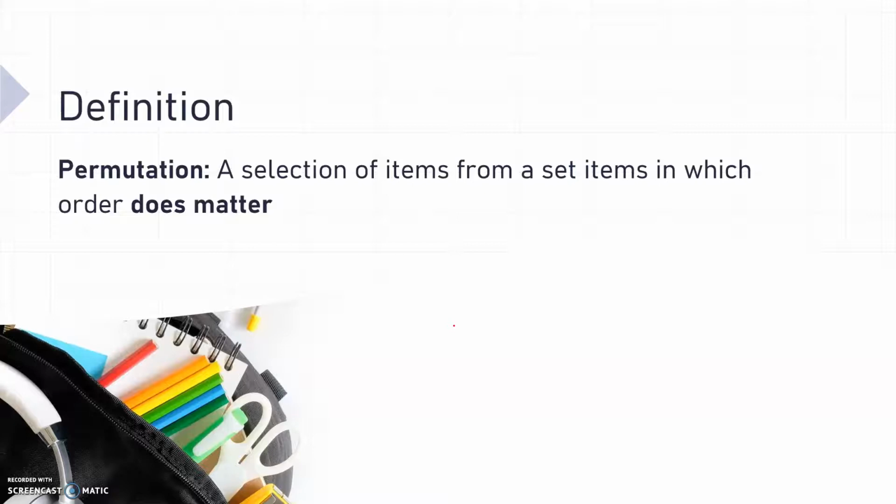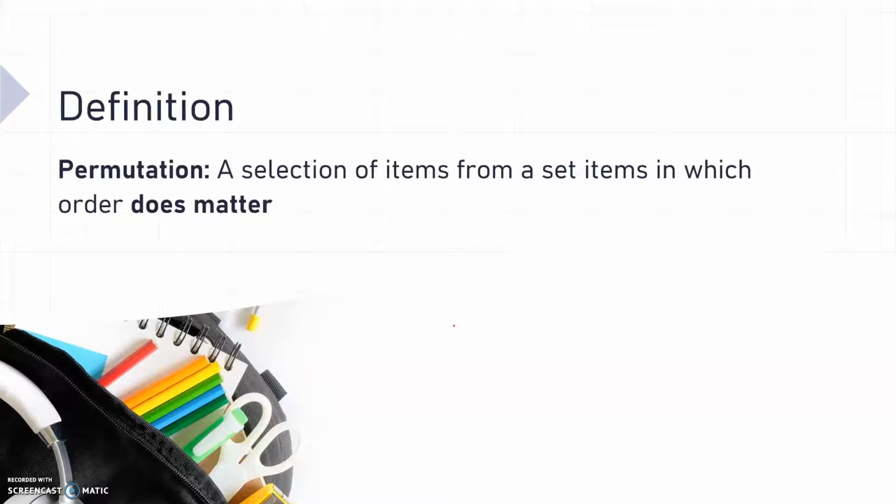Okay, this section we're going to really focus on permutations. A permutation is when you select some items from a set of items and the order matters. So one way you can tell that the order matters is if you are ranking things. So I'm choosing 3 songs and I'm going to call them my first favorite, second favorite, and third favorite.